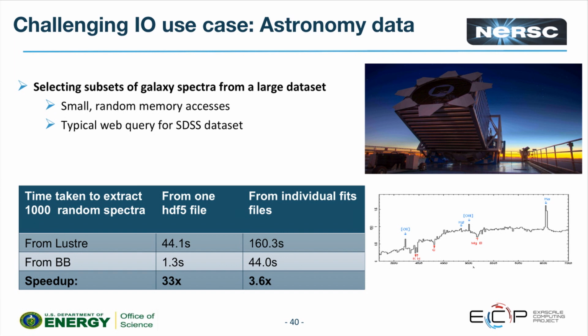We found that on Lustre, we tried a lot of optimization techniques, even some not in a stable version library, but we were still not satisfied with the performance. Then we tried on burst buffer with just a few simple commands, and we got a 33x speedup.